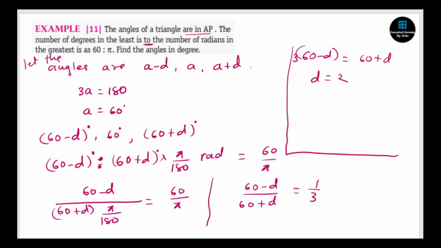D equals 30. So the angles are 60 minus 30, which is 30 degrees, 60 degrees, and 90 degrees, right? Very interesting question.